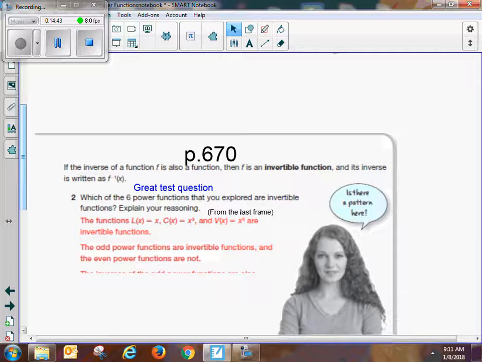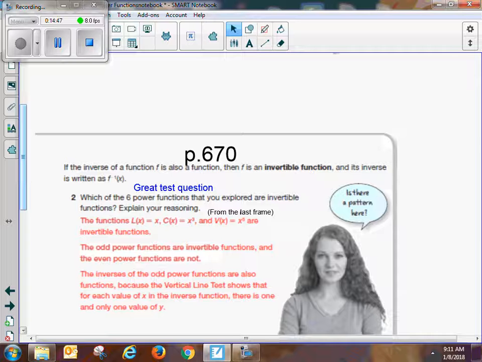So if I said, how come? That's why. The odd-powered functions are invertible. The evens are not. And I know I keep saying the same thing over and over because I'm hoping you go home and go, oh, I've got it. The inverse of odd power functions are also functions. So if the given is a function and the inverse is a function, then it is invertible. Okay?